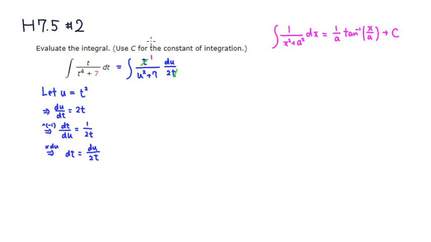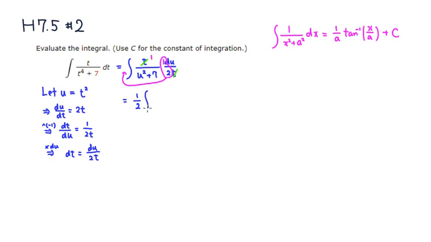And so if you clean it up, you have 1/2. This is just a number, so I can place it right in front here. So this is equal to 1/2, just a constant kicked out.